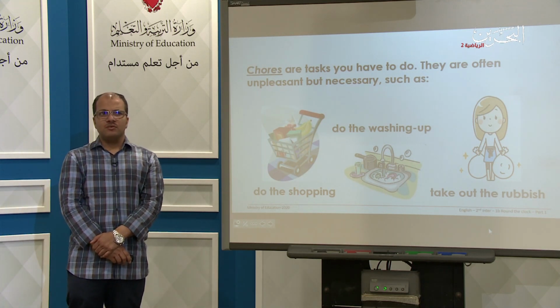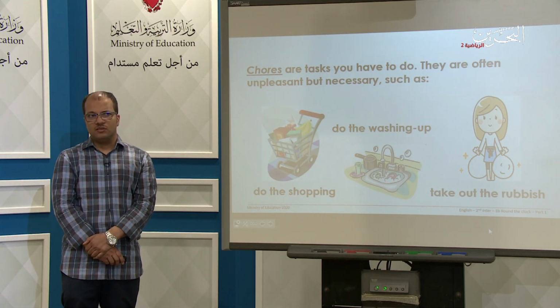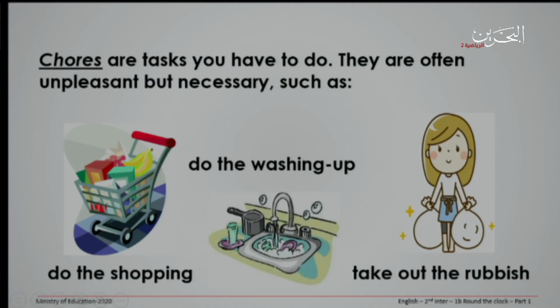Added to that, we have the term chores, which are tasks you have to do. They are often unpleasant, but necessary, such as do the washing up, do the shopping, and take out the rubbish.